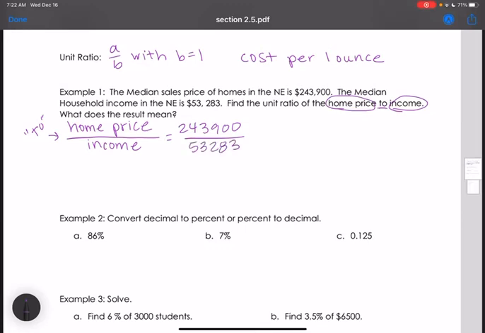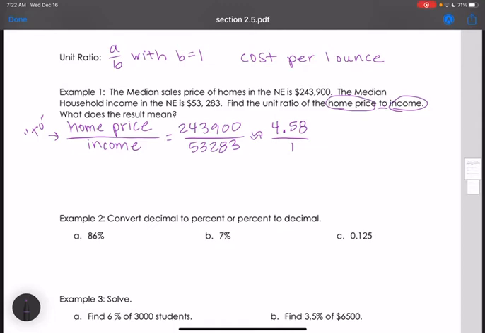This is where it would be super messy if we did not use calculators, right? So in your calculator, punch in 243,900. Then for the fraction, hit the divided by key, 53283. It ends up being a long decimal, so I'm just going to round to 2 decimal places. When I round, I put in a squiggly equals like this, and squiggly equals means approximately. So approximately 4.58. Because they specifically said they want the unit ratio, it would be 4.58 over 1.